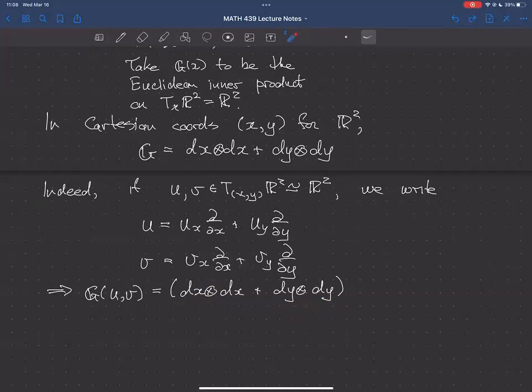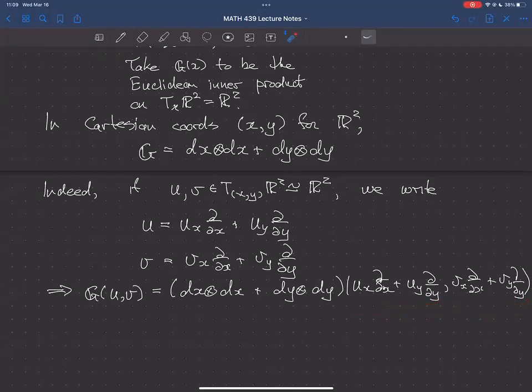These are applied to two vectors, Ux d by dx plus Uy d by dy and Vx d by dx plus Vy d by dy. So it has these two arguments, U and V. This is just G acting on U and V.